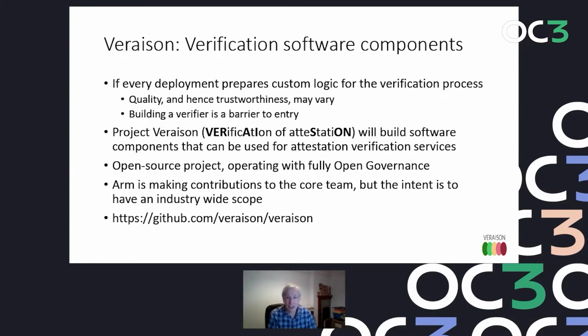You need to trust the verifier because it's going to do a complex set of roles for you, but it gets harder to trust that. And also, building a verifier is a barrier to entry.